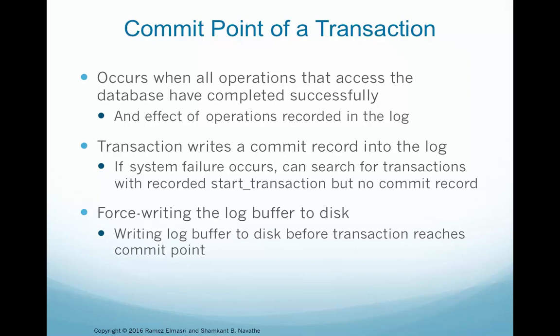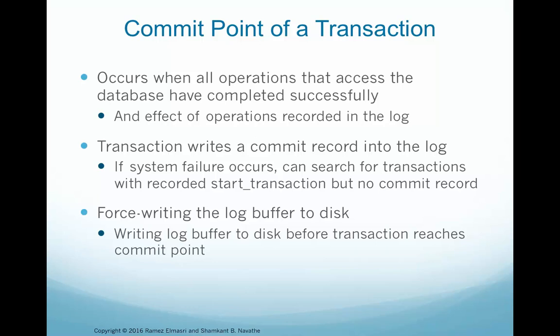So the commit point of a transaction: whenever commit happens, the idea is all of the operations have been successfully completed, and so they're finally written or saved to the database. On the other hand, if any kind of failure occurs while a transaction is performing its operations, then in the system log there will be an entry for start transaction, but there may not be an entry for the commit record, which is the final action, and that indicates that there has been a failure.